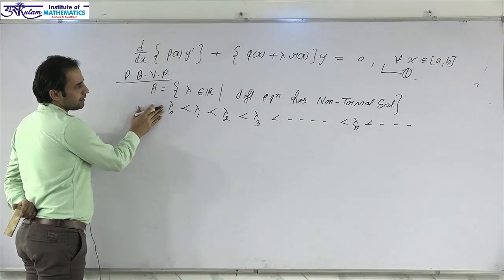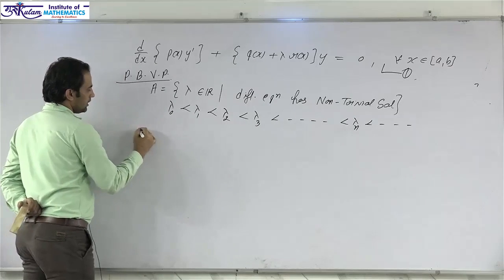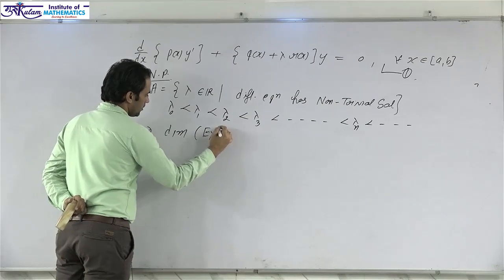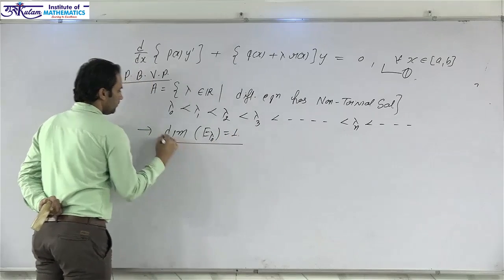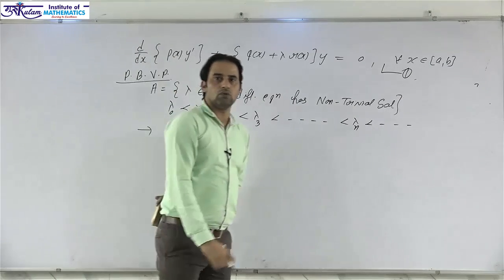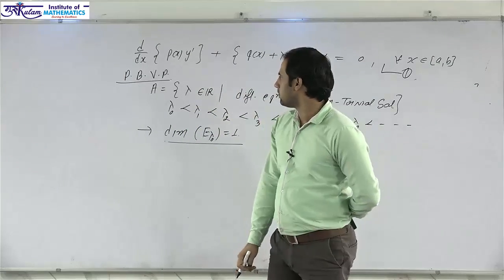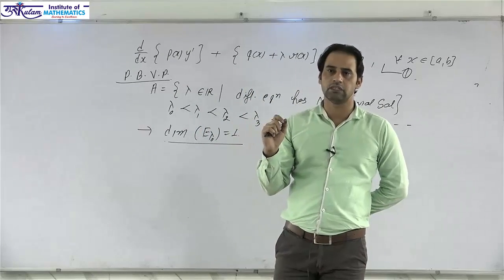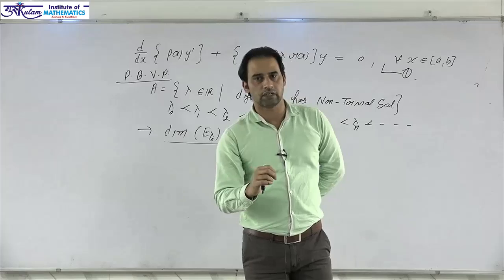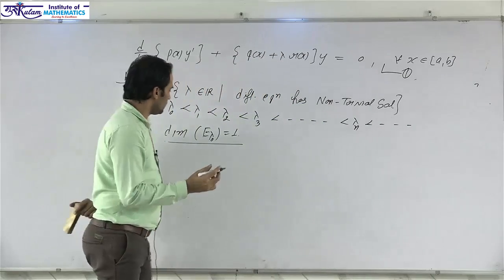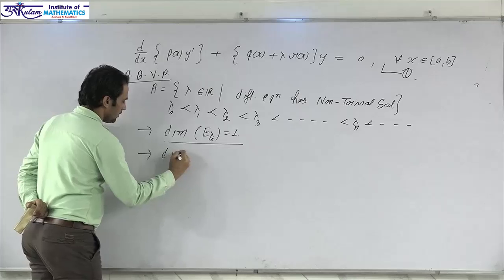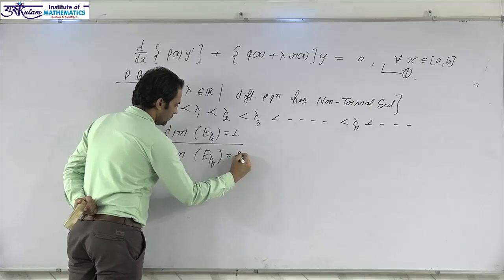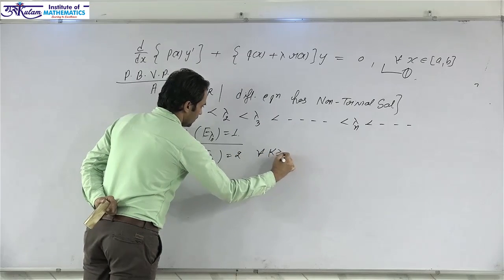We take special note of lambda naught for the least eigenvalue. Then the first property is that the dimension of eigenspace E lambda naught is always 1. That is, corresponding to the least eigenvalue in a periodic boundary value problem, the dimension of the eigenspace is always 1. That is, there is exactly one linearly independent eigenvector corresponding to the least eigenvalue, and the dimension of E lambda k is always 2 for all k greater than or equal to 1.